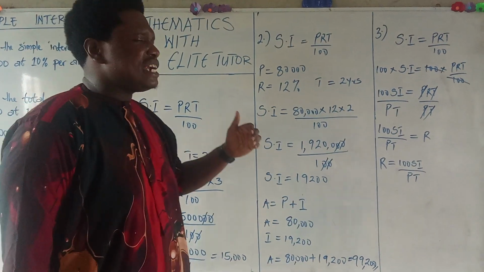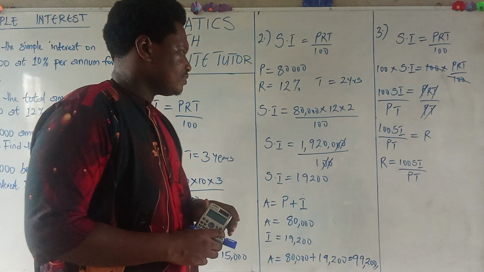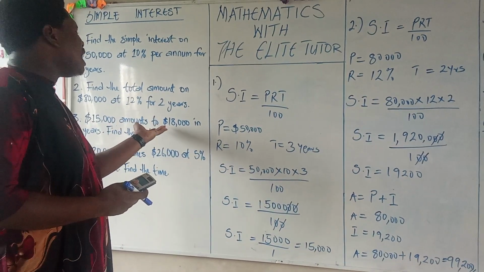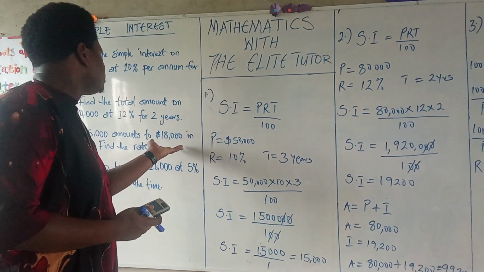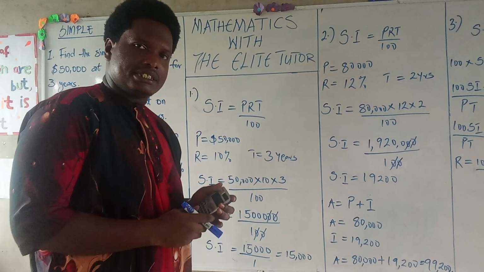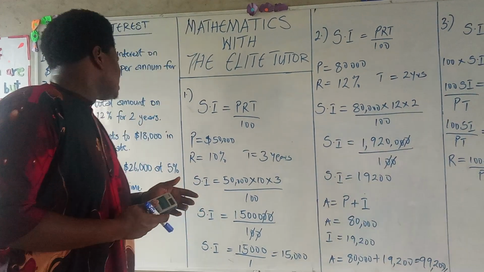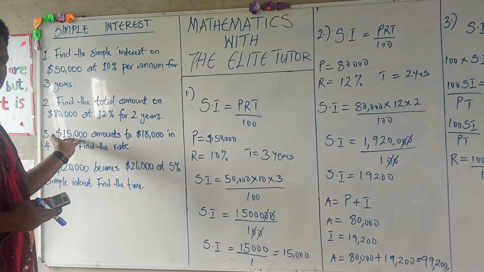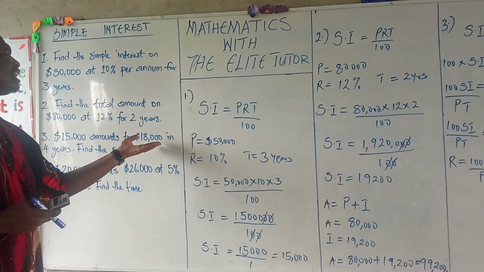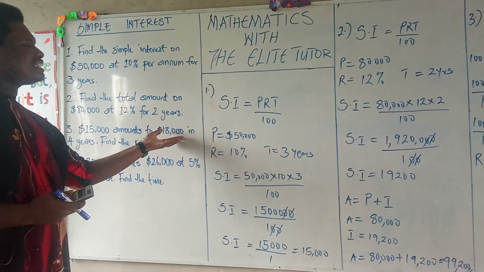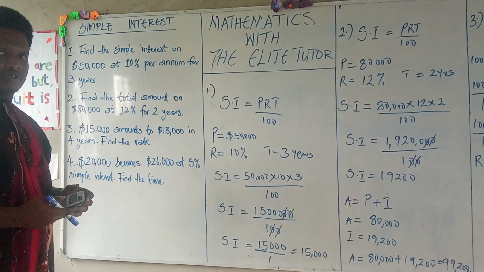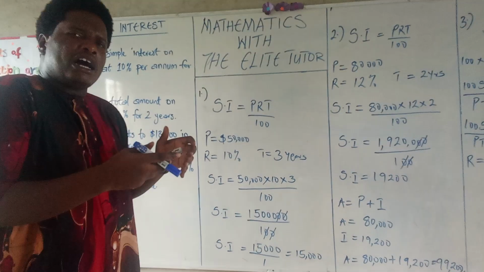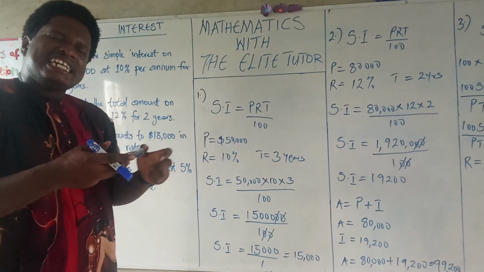Now the next step, we are going to bring out our parameters. The question says $15,000 amounts to $18,000 in 4 years. So from this you can see that this $15,000 is the principal and this $18,000 is the total amount. How is it the total amount? Because the total amount comprises the principal and the interest.